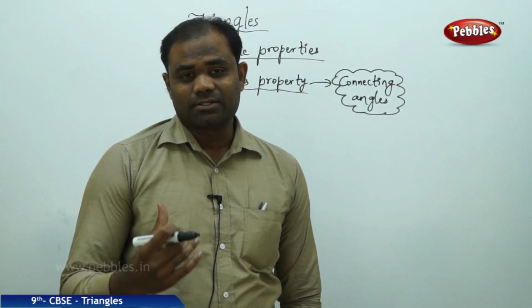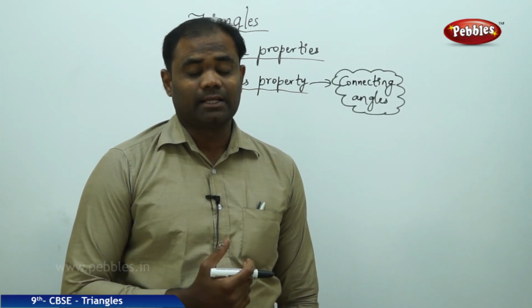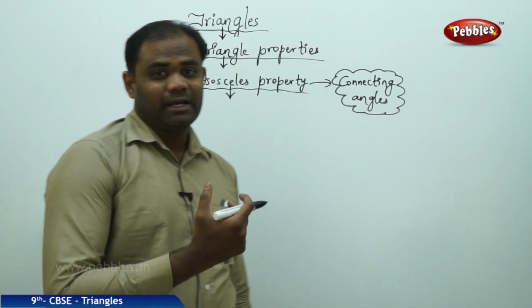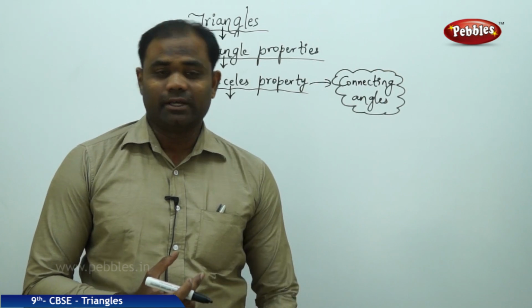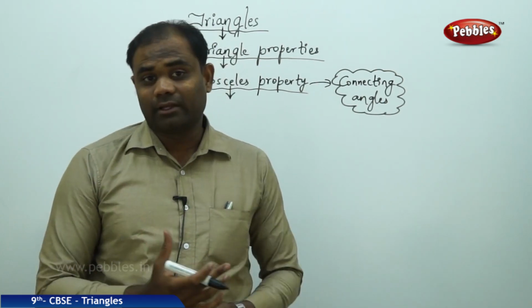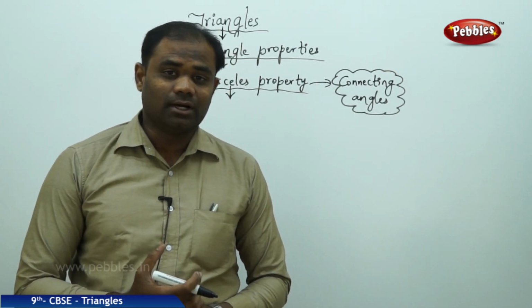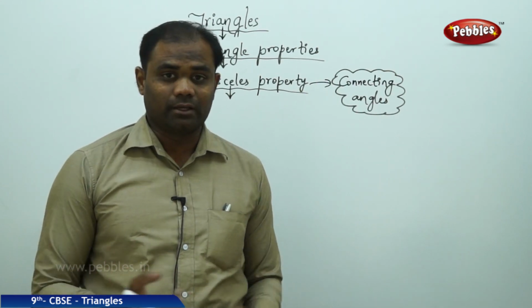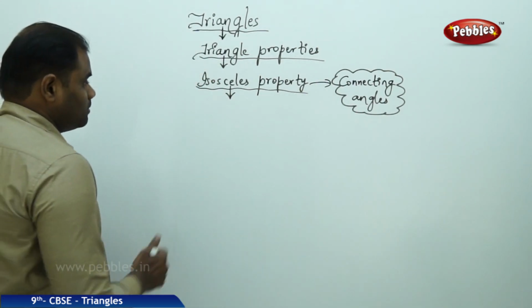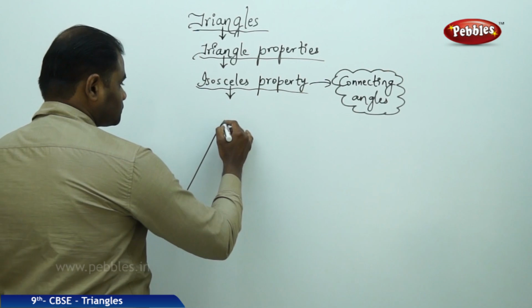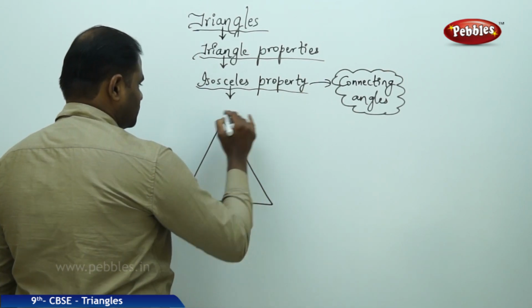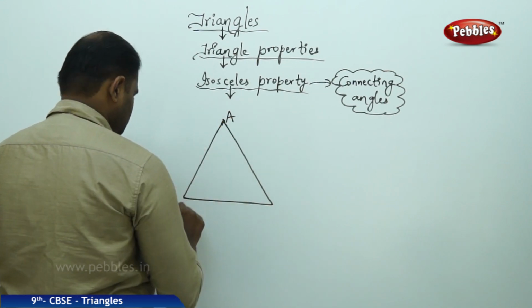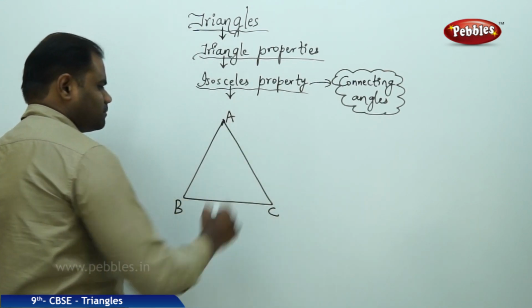Now let's see the isosceles property connecting the angles. Now that we have defined that a triangle ABC is isosceles if any two sides of that triangle are equal, let's see how we can connect that with angles. Imagine I have an isosceles triangle ABC.